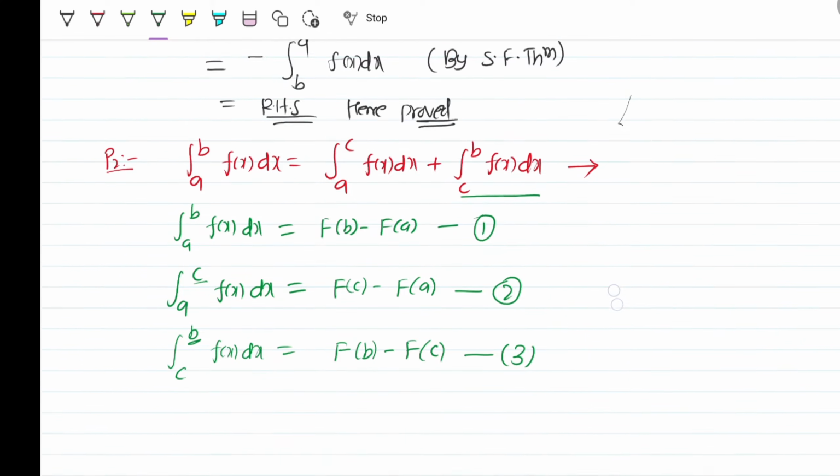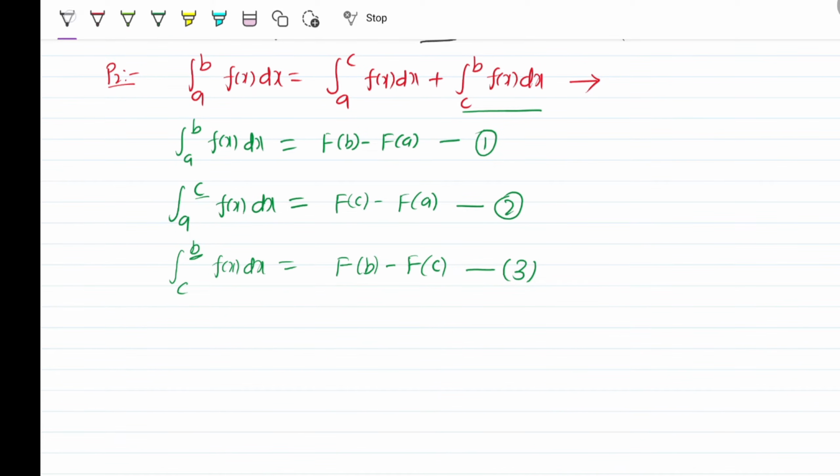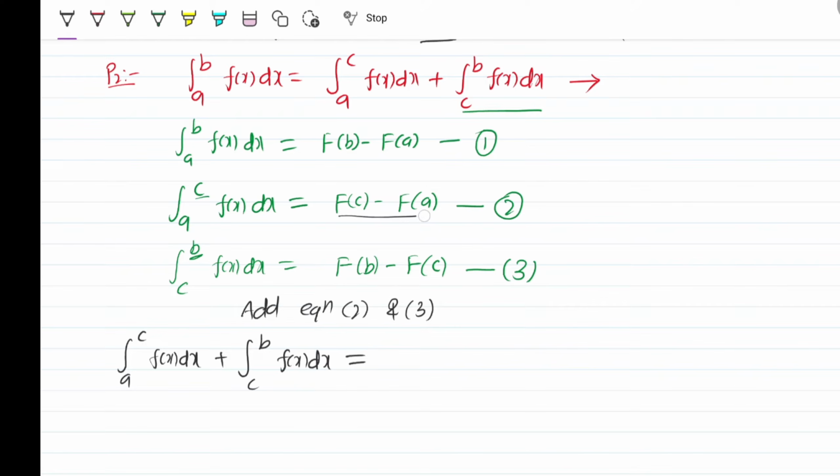Now do one thing, add equations 2 and 3. Left hand side with left hand side, integral a to c f(x) dx plus integral c to b f(x) dx equals the right hand side F(c) minus F(a) plus F(b) minus F(c).